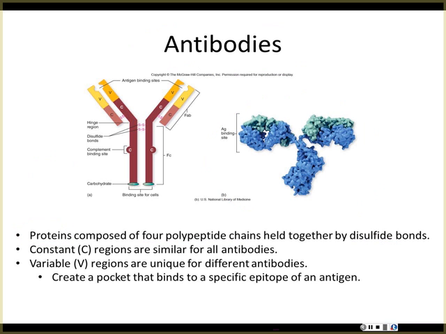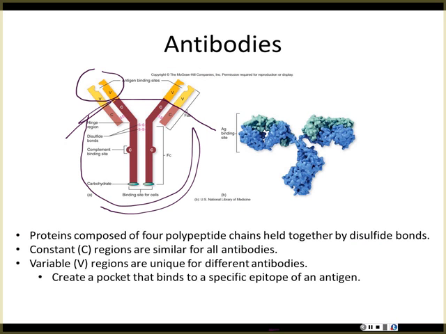All right, everything from here down on the antibody is called the constant regions. And then the tips are called the variable regions. What that means is we can make an almost unlimited number of different types of antibodies that bind to an almost unlimited number of different kinds of antigens we get exposed to.